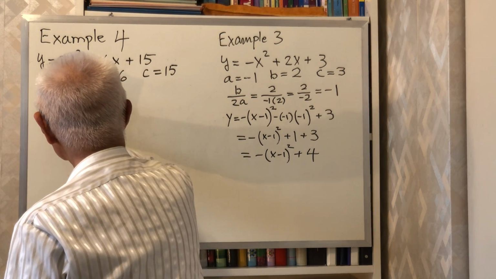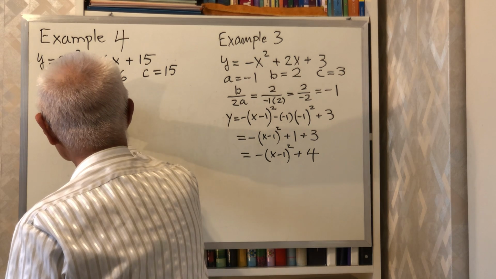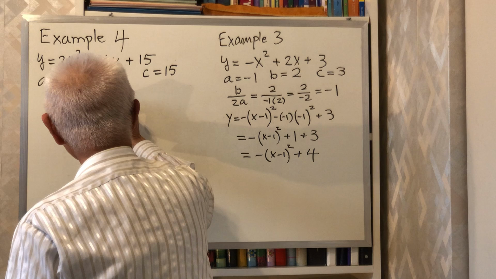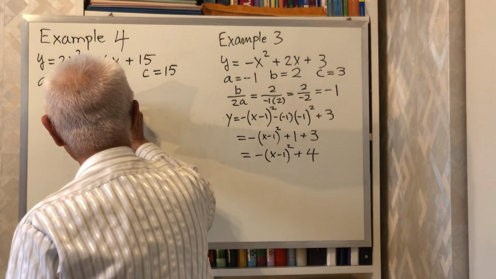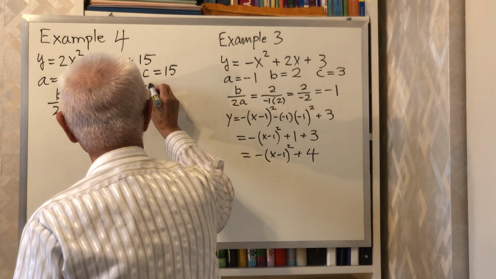So my b over 2a is negative 16 over 2 times 2, which is negative 4.